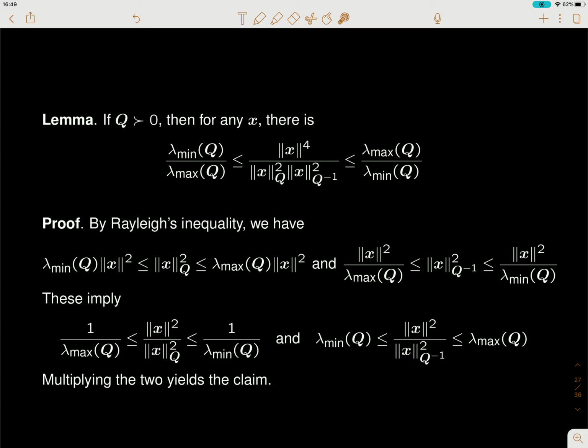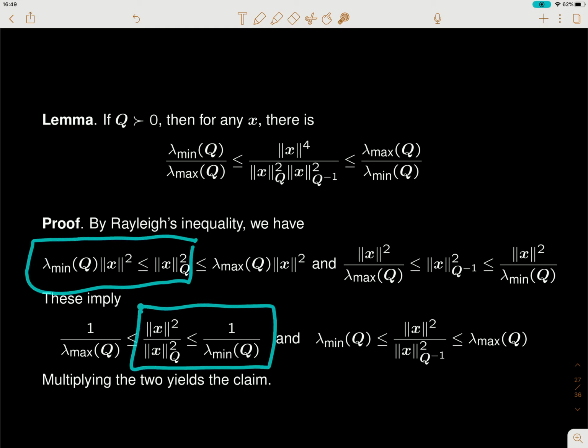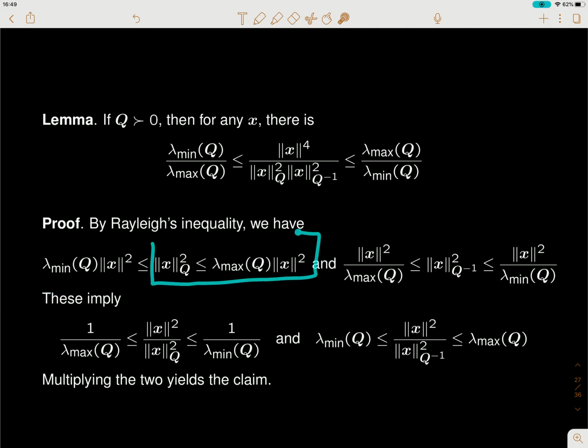According to these two, the first one implies that if I divide all sides by this number here, then this divided by this will be less than or equal to 1 divided by this. You just make a simple algebraic change and you get that. Similarly, for this part, if I divide both sides by the squared Q norm of x and lambda max of Q, I will get this.